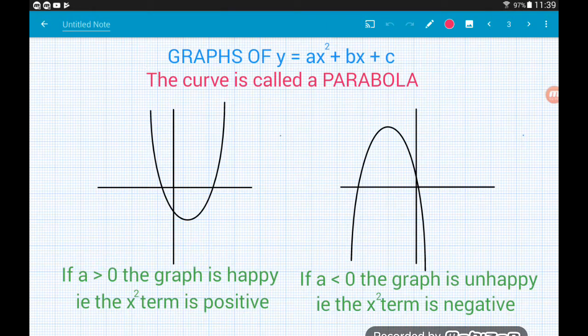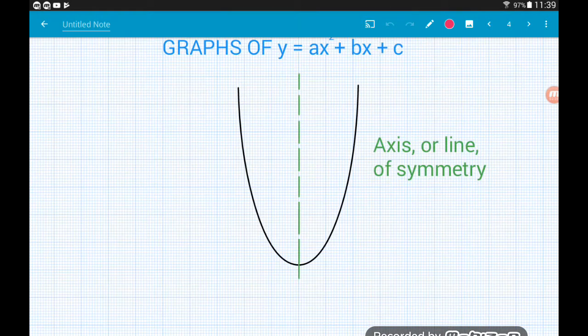Now the curve is called a parabola. That's the technical name for it. And these parabolas are symmetrical down their centre. So this line that cuts through their middle point is called either a line of symmetry, or we can get even more technical and call it an axis of symmetry.